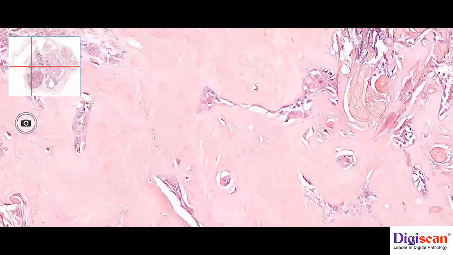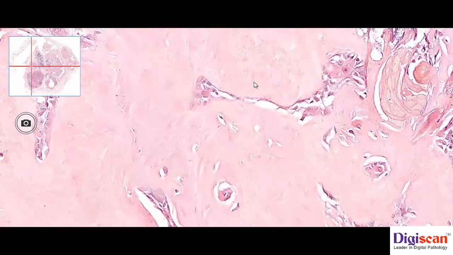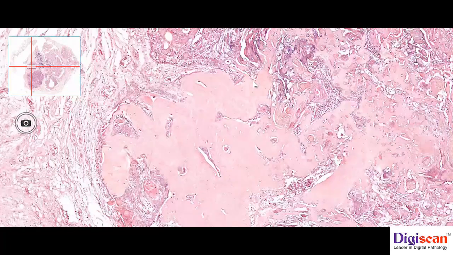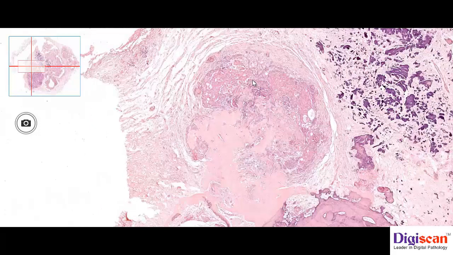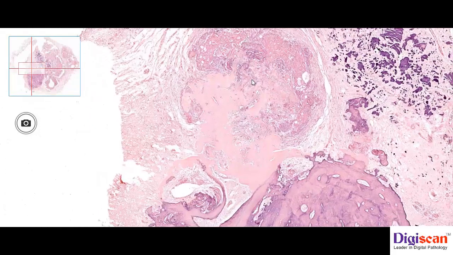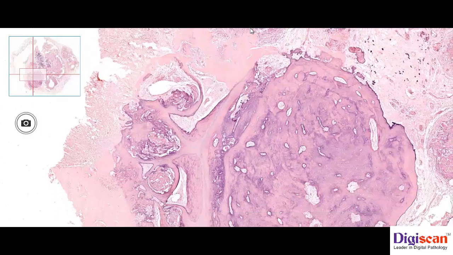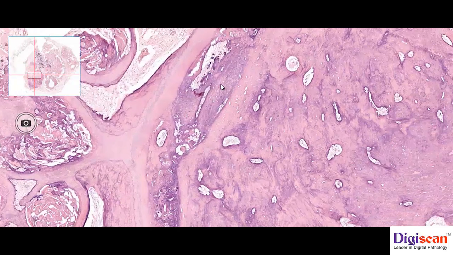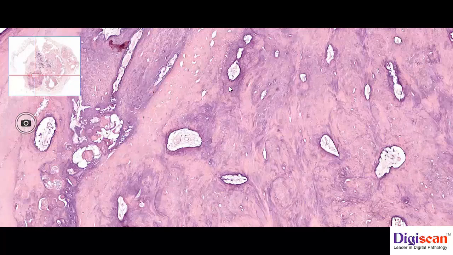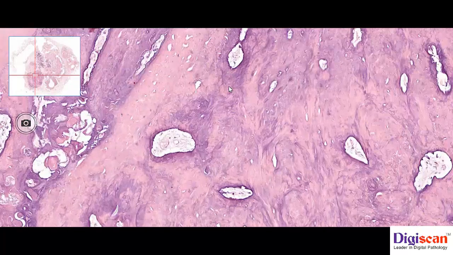So we have a tumor which is made up of ghost cells, calcification, dentinoid material, and a thin layer of ameloblastic epithelium. And here, if we see this material, this appears to be calcified dentine or cementodentine.